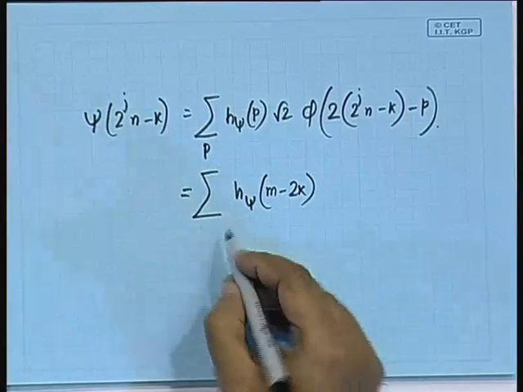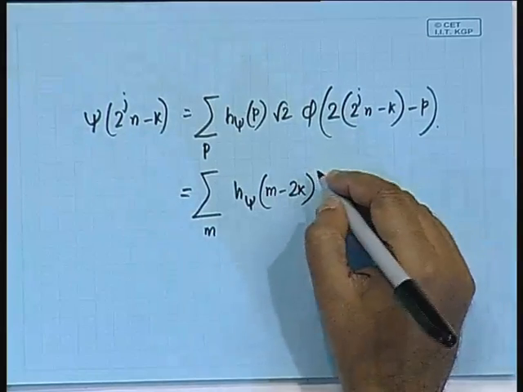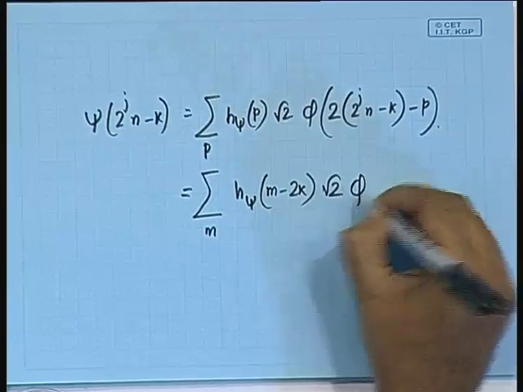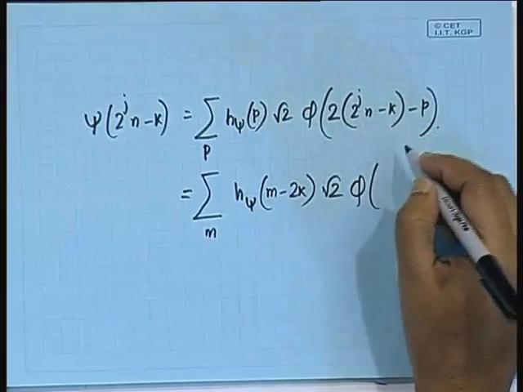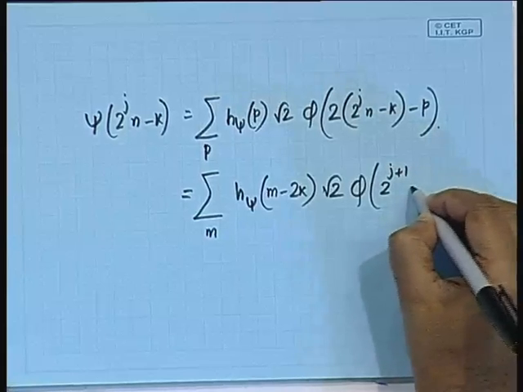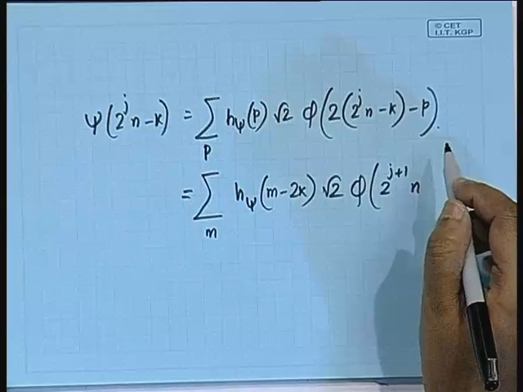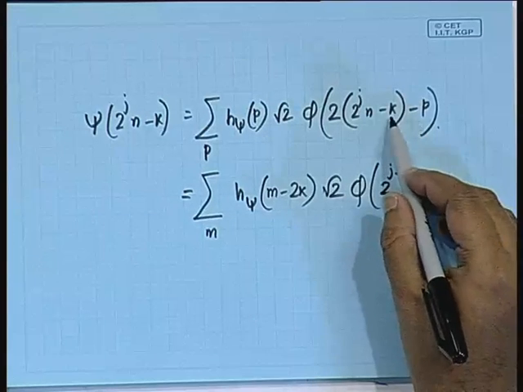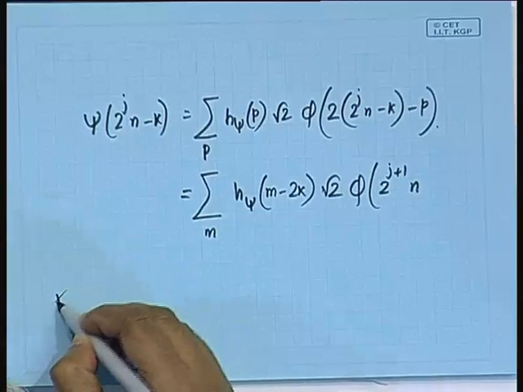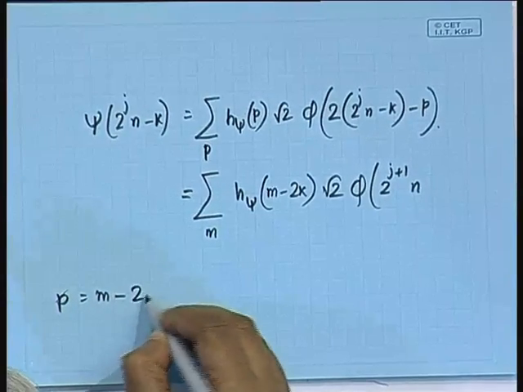I sum up now over m, and with this new substitution what results is root 2 phi of 2 to the power j plus 1 into n, minus 2k minus p, and according to our substitution p is equal to m minus 2k.